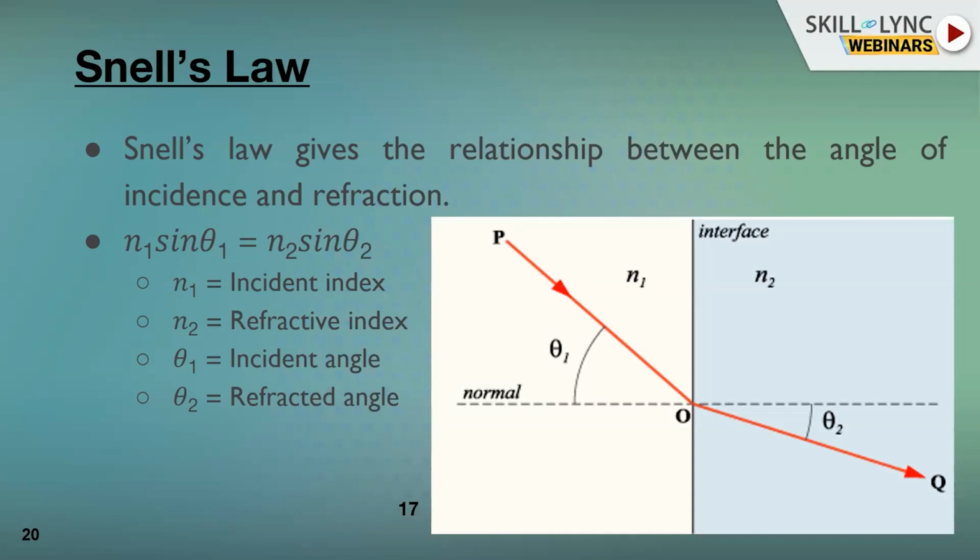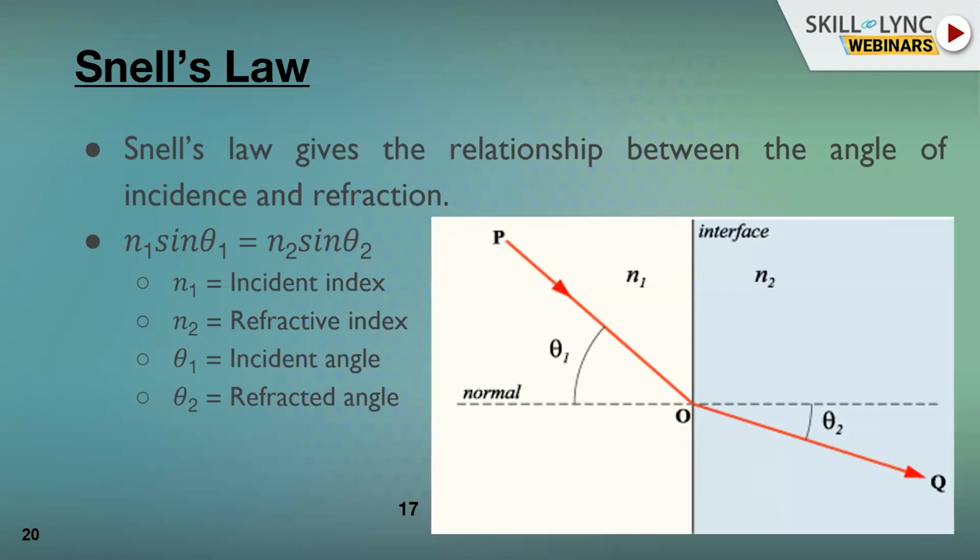N1 is one interface and N2 is another interface. So for example, N1 defines the water, N2 defines the air, for example.